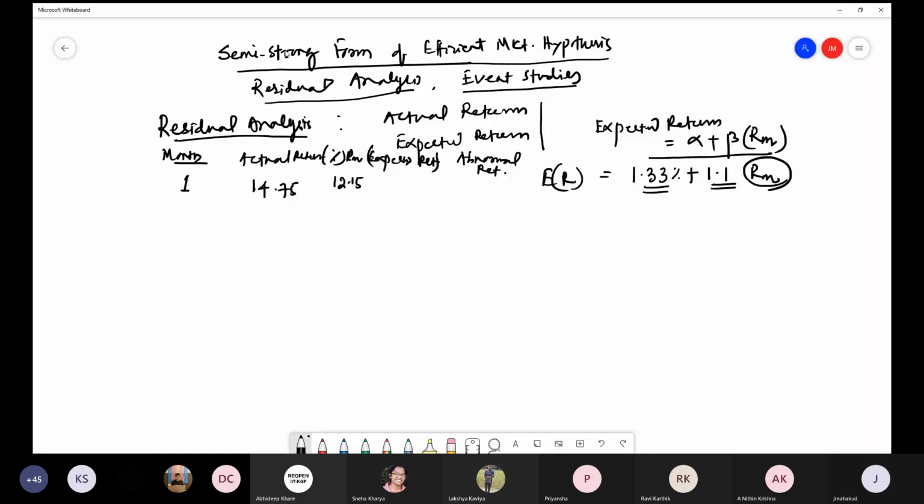Right? Then what is your expected return? Your expected return is 1.33 plus 1.1 into 12.15. Then what will it come to? 14.70. Am I right?